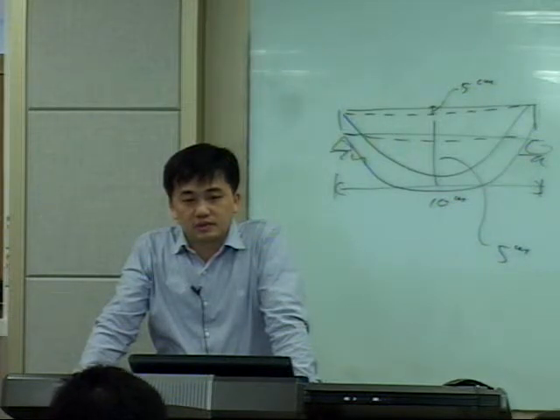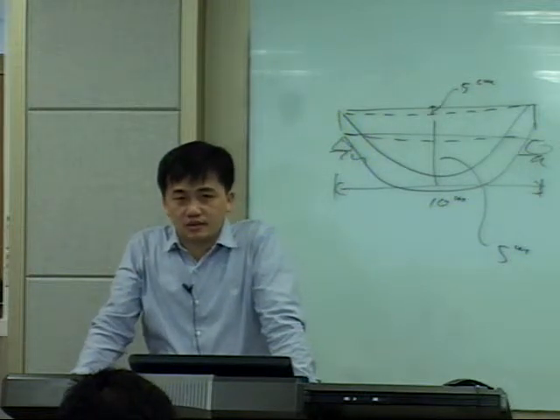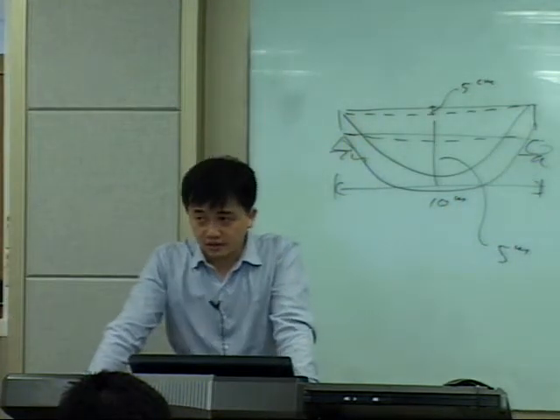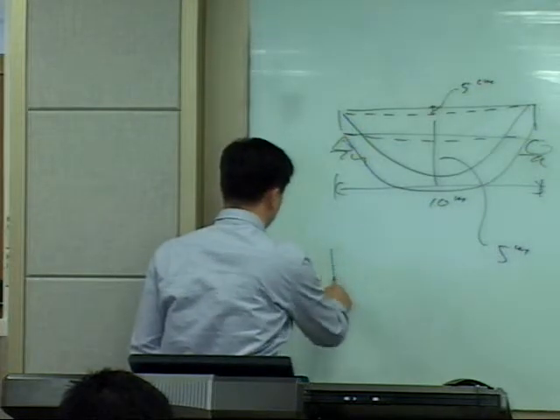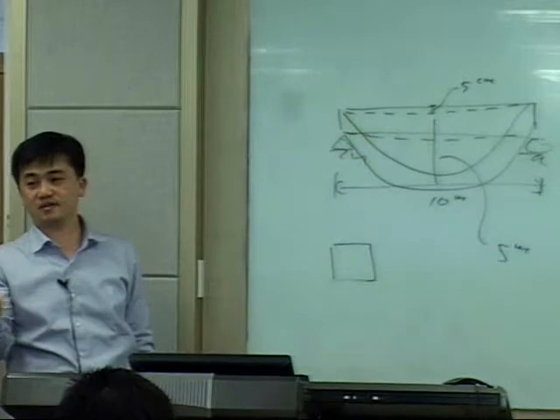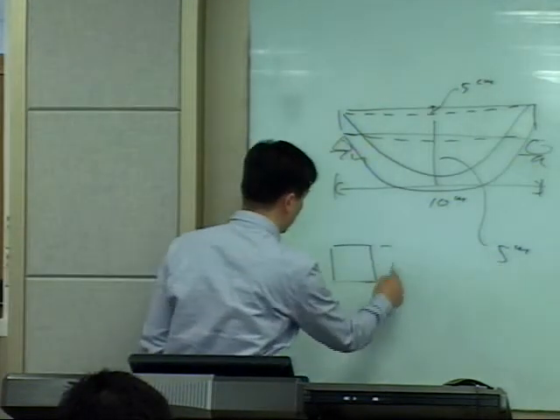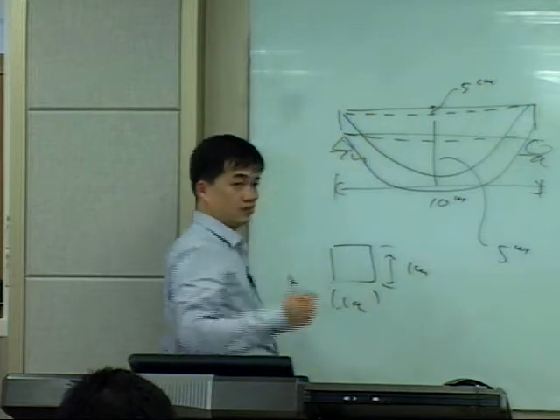The meaning of large and small deformation is very relative. It depends on the scale of the structure. So, for example, here we have a very small eraser. You have an eraser, right? It deforms maybe 1 centimeter.